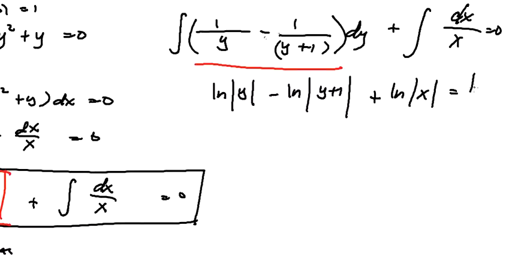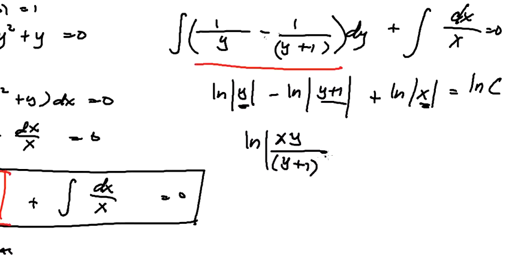Then our constant, let's make it ln|c|. By using the property of logarithms, since we have subtraction and addition, all positive terms must be in the numerator, so ln of xy over, with the negative in the denominator, y + 1, is equal to ln|c|.